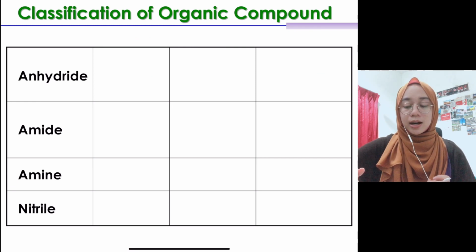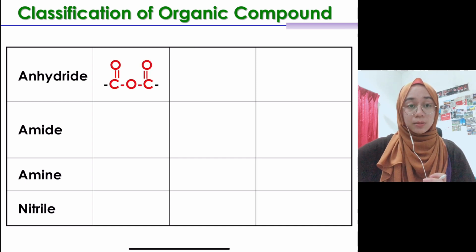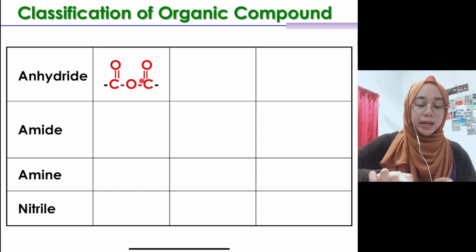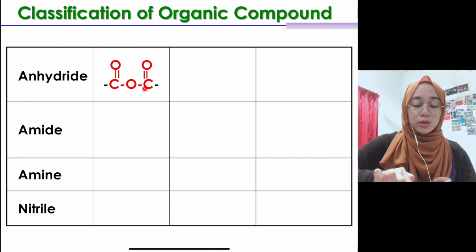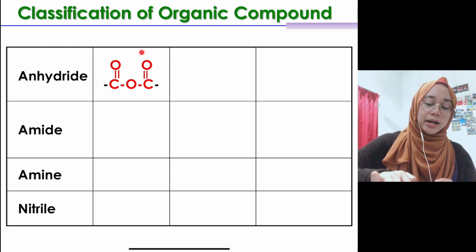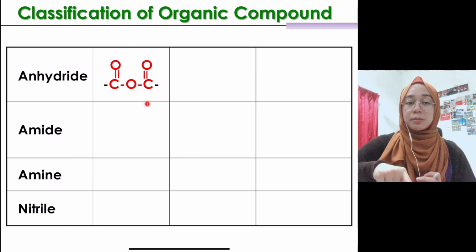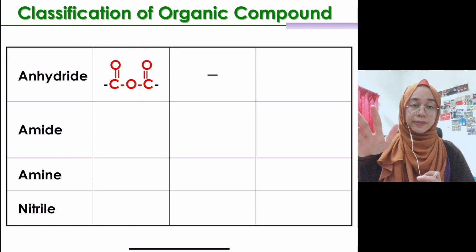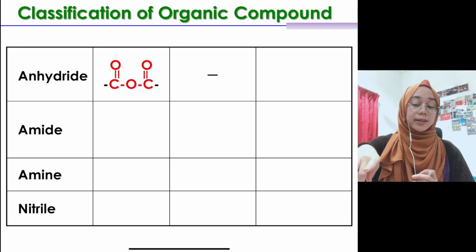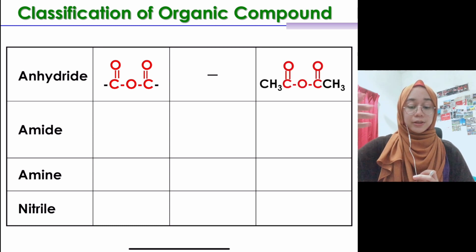Anhydride ni pula, kita ada dua C double bond O yang dipisahkan oleh O. So C double bond O and then the O kat sini attach lagi dengan another C double bond O. So this is what we call as anhydride. Tapi yang ni pun sama macam acyl chloride tadi, there's no specific name untuk functional group dia. And this is example for it lah.